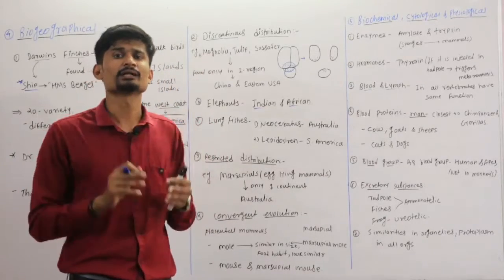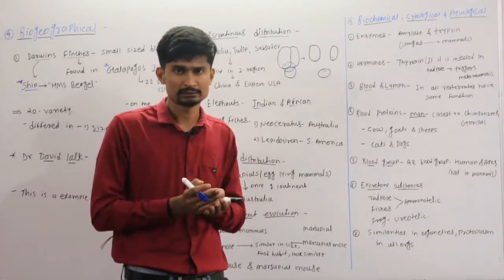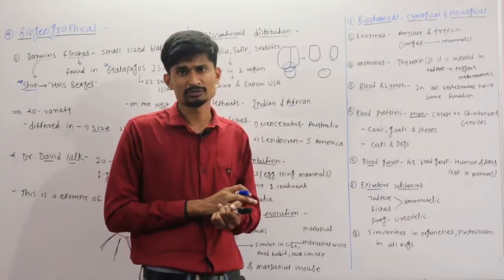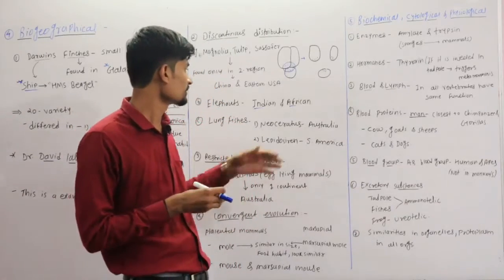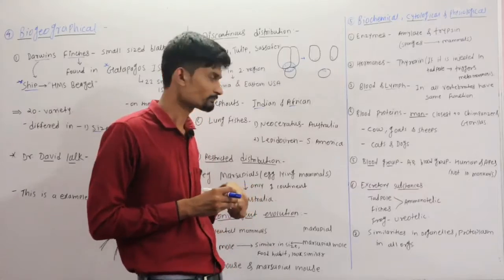So that is a discontinuous distribution, there is no link. How did these organisms reach those continents?